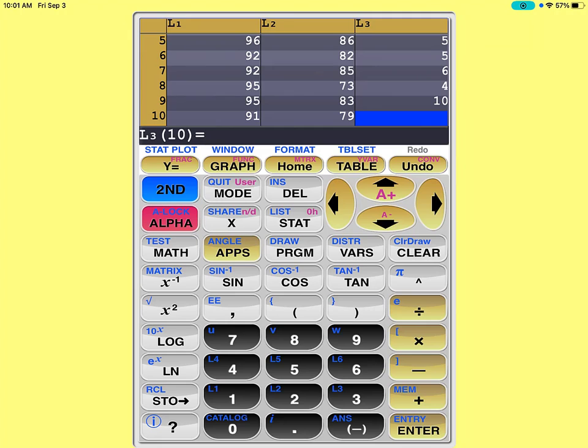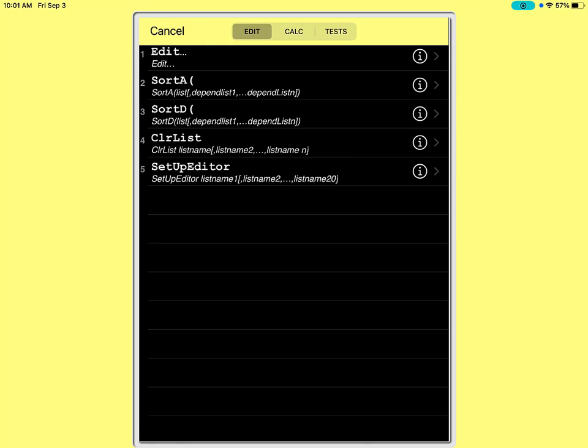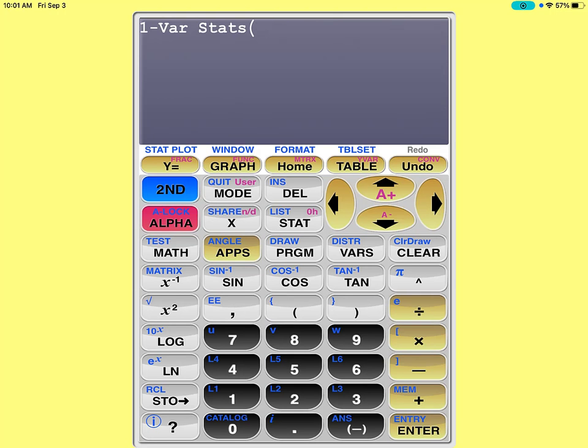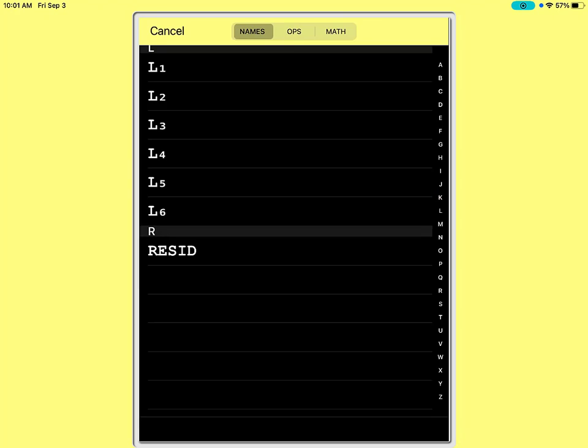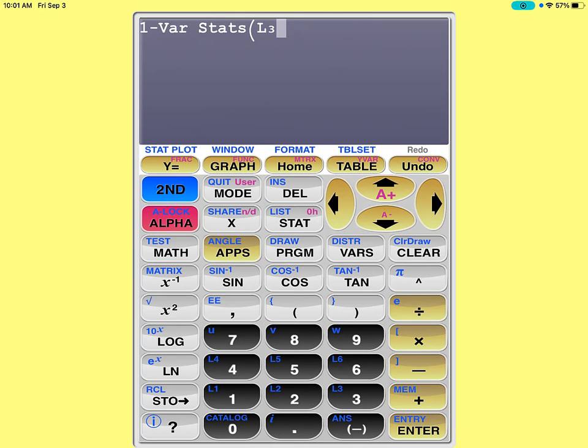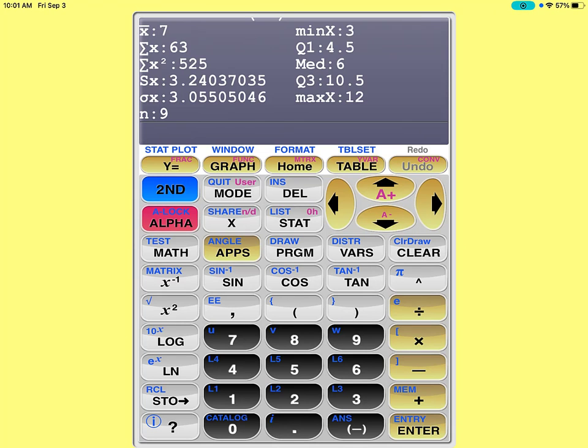Okay, notice it's in list 3, so I'm going to go stat, calc, one of our stats, and then I want it in list 3, which I'm going to have to press second stat, and then list 3. And there it tells you my average is 7. Also notice that it says n equals 9, which tells you there's 9 numbers in your list, which should verify with the 9 numbers that you wrote down.